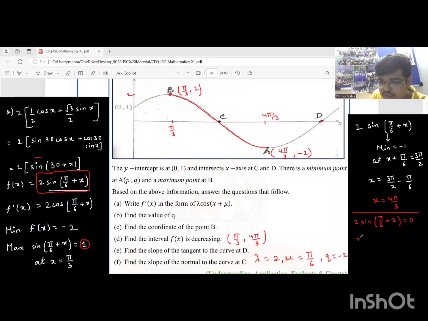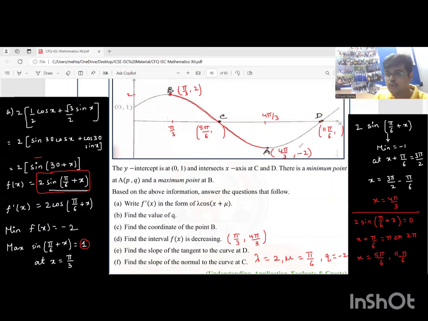So x plus pi by 6 will either be pi or 2 pi, which means x will either be pi minus pi by 6, which is 5 pi by 6, or 2 pi minus pi by 6, which is 11 pi by 6. You have to understand, students, that C will have x coordinate 5 pi by 6 because that is the lesser value, and D will have x coordinate 11 pi by 6. That is the bigger value.